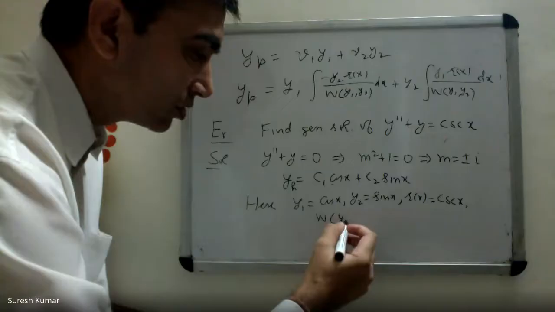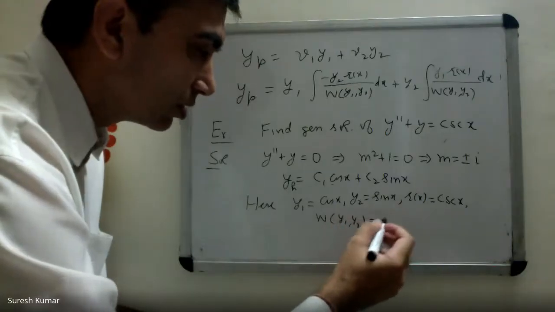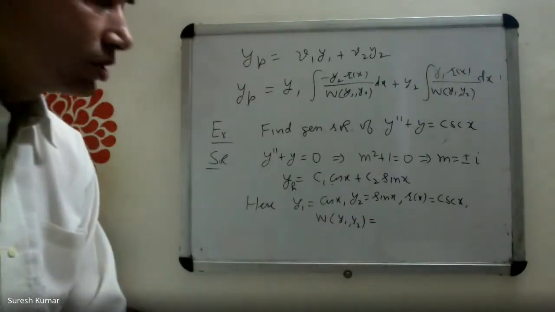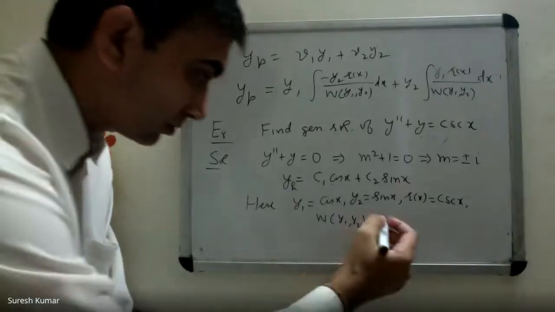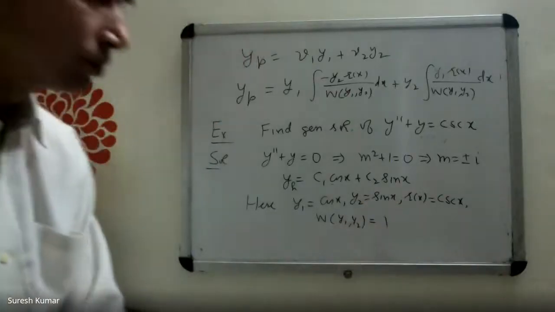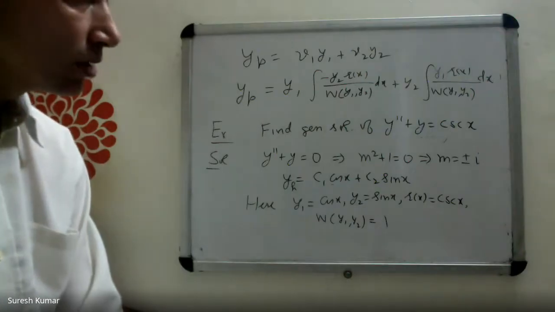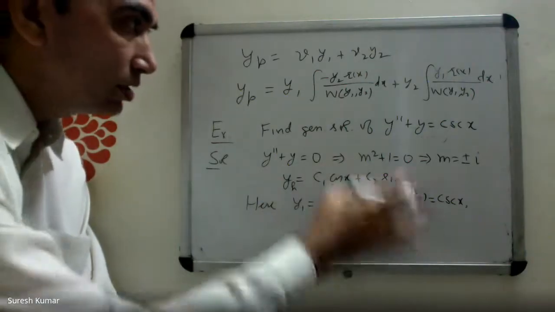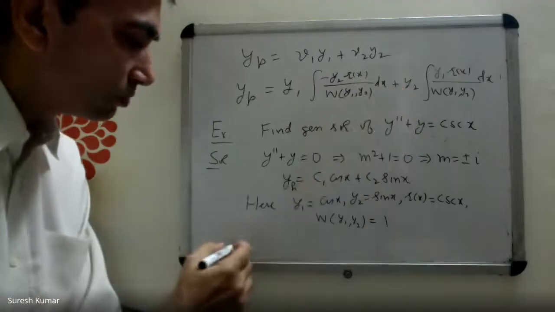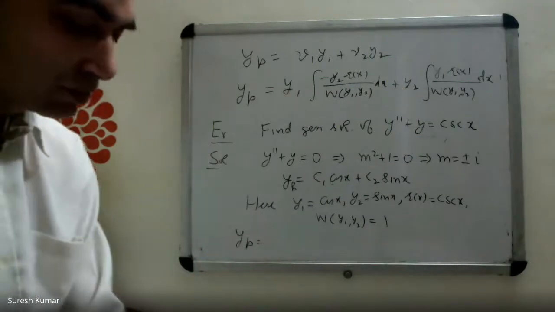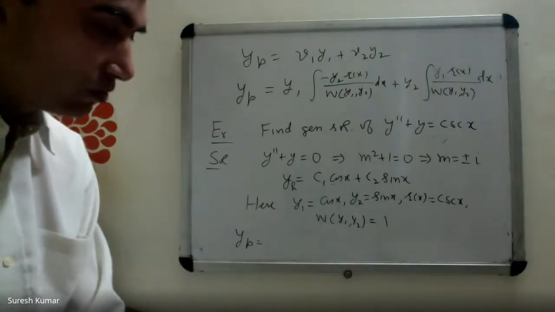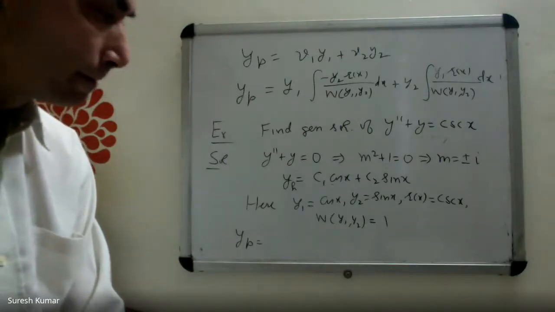You need that also, so calculate in advance. What is Wronskian of these two? 1. Okay, substitute all these into this formula for yp and do the calculations. Tell me what is your answer.